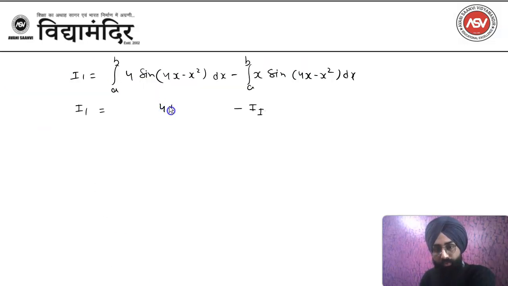So this becomes I1 equal to 4 I2 minus I1. This comes on this side, so twice I1 equals 4 times I2. So I1 by I2 will be equal to 4 divided by 2, which is 2.